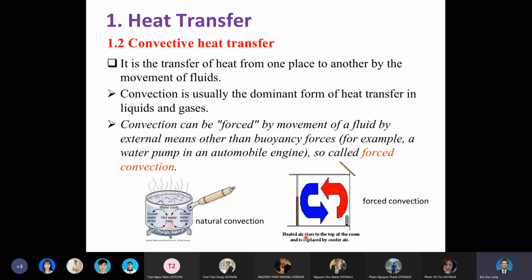Heated air rises to the top because it has a lower density, and the heavier air from the top moves down to replace the cooler air. Forced convection also applies when you use, for example, an air conditioner.